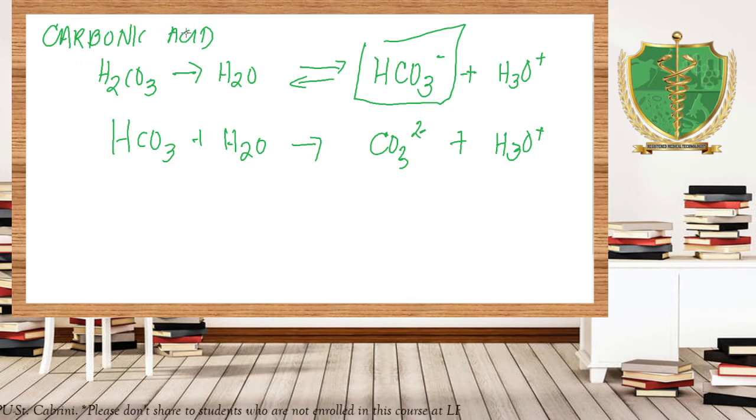Now, I've mentioned a while ago that water can be an acid and can be a base, depending on the reaction. And that term is what we call amphiprotic. No? Water is an example of what we call amphiprotic.